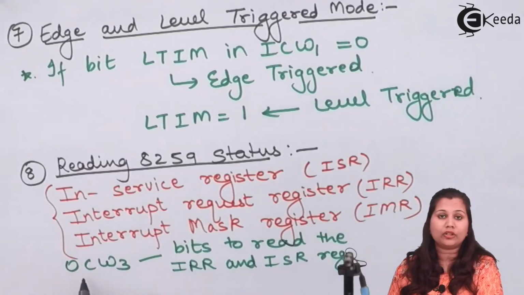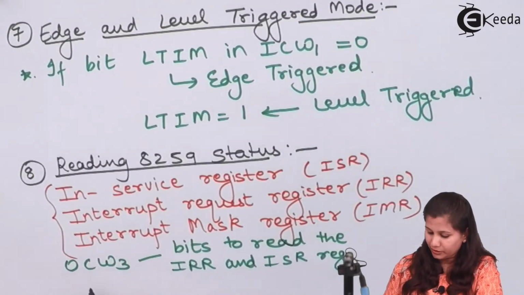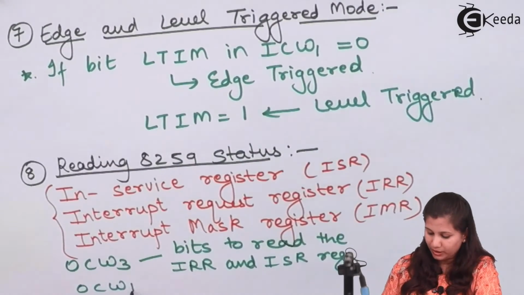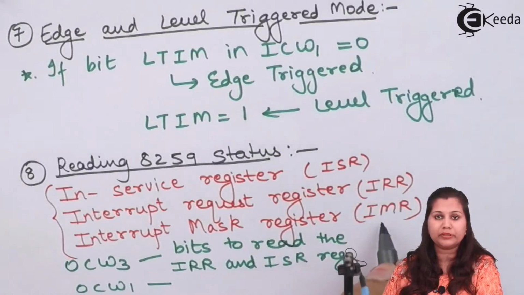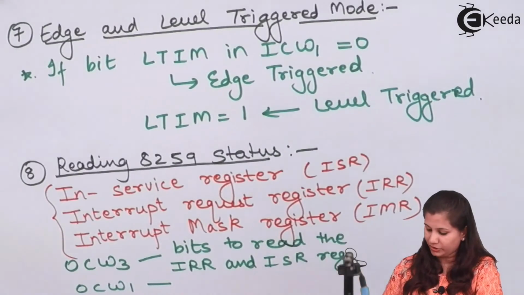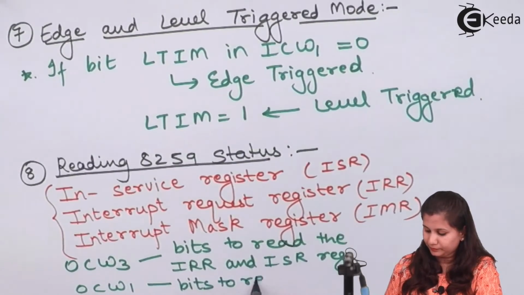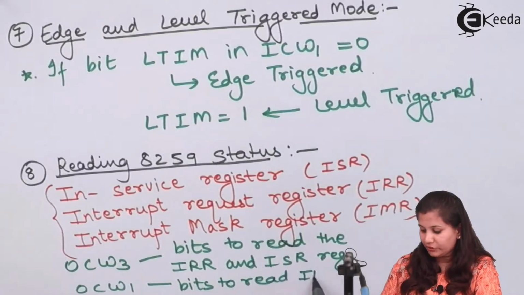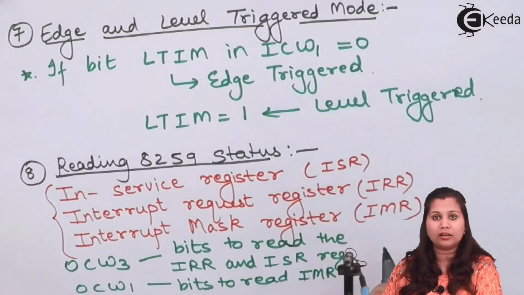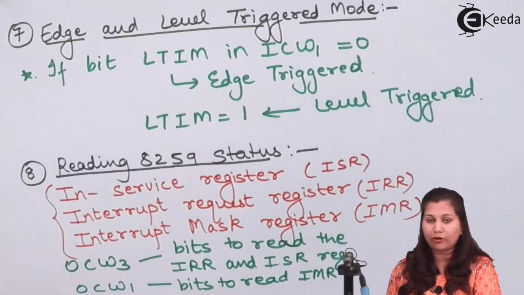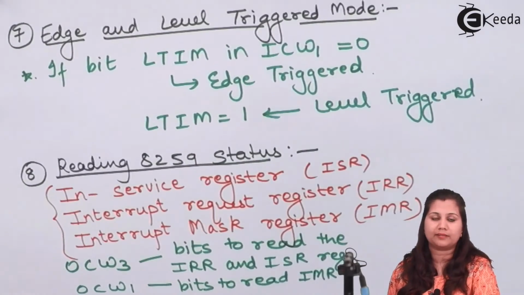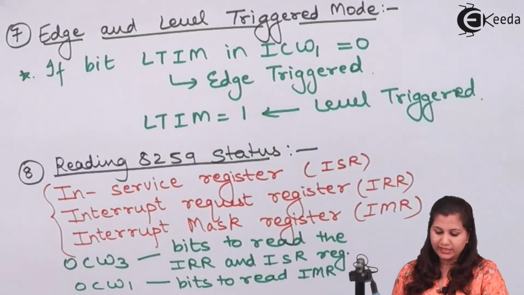While we have the operational command word first, which is OCW1, which is used to read the bits of the interrupt mask register. So these 3 registers can be read by using operational command word 3 and operational command word 1. So the status can be read by using this mode.